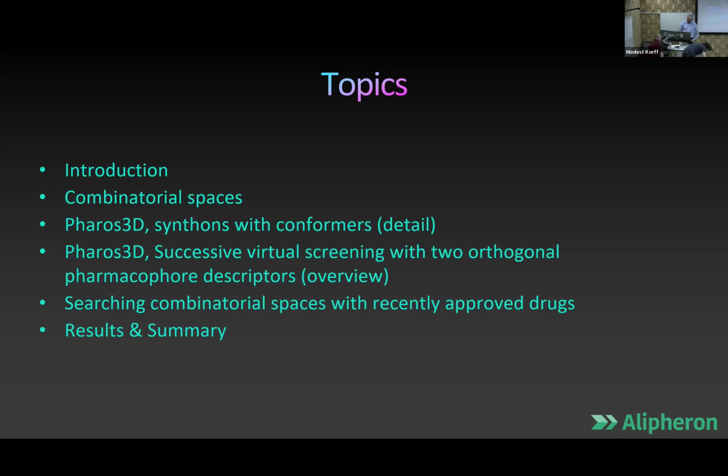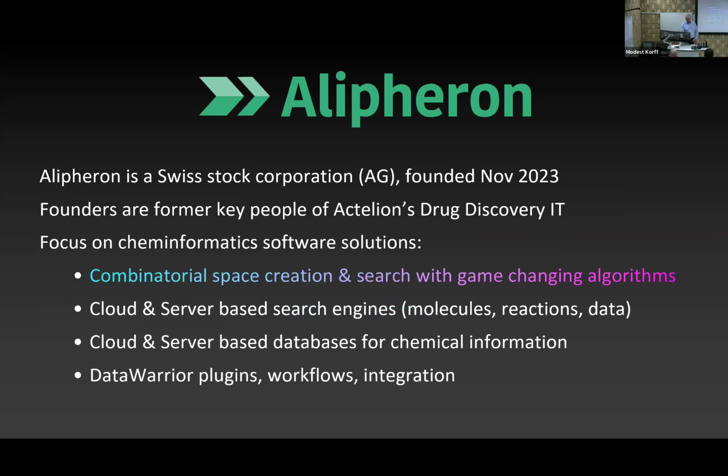So I will then present a detail first from our search algorithm. Then I will explain the whole mechanism, give you a short overview, and then of course show some results of searching for combinatorial spaces with recently approved drugs. At the end, of course, there are some results in the summary.